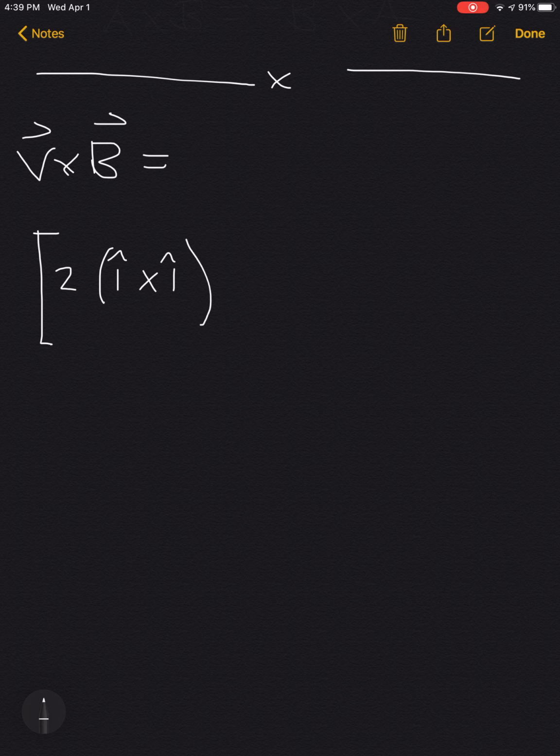And then when you do the outside pieces, the 2 times the 4 gives you an 8.